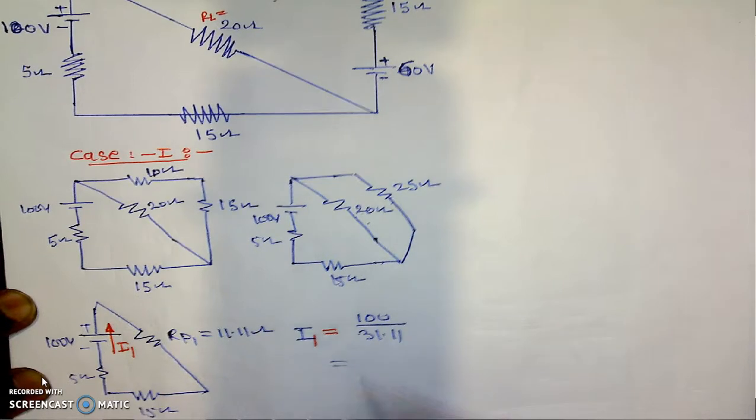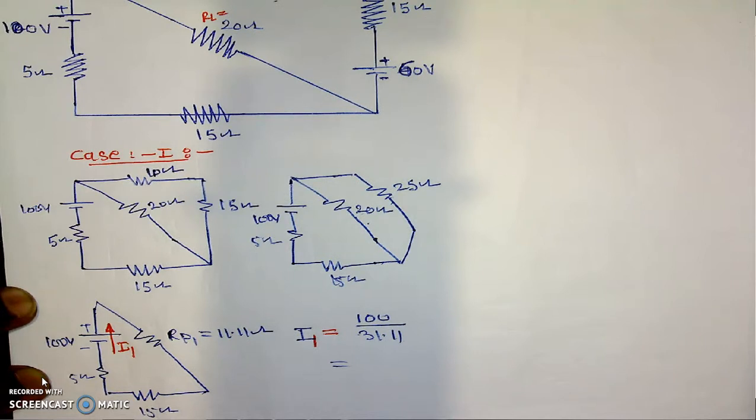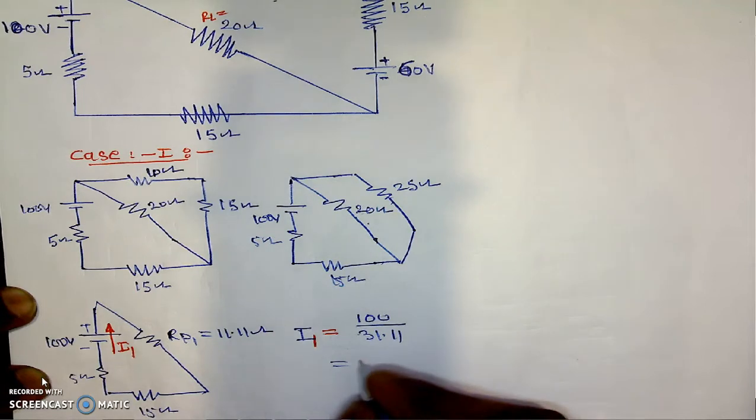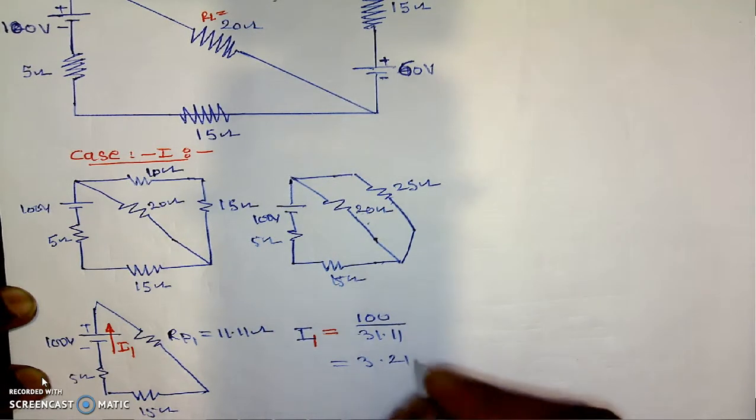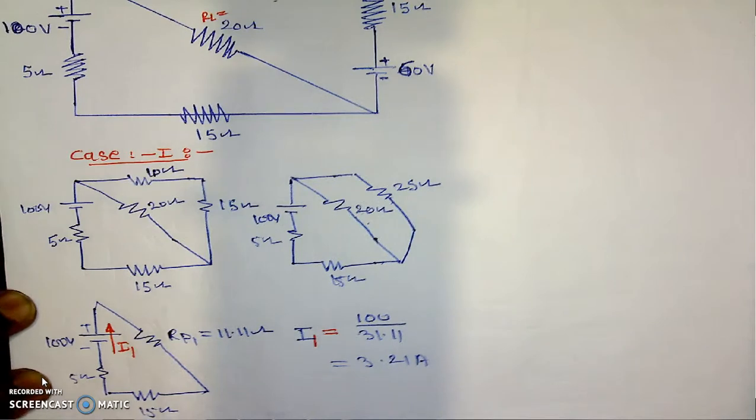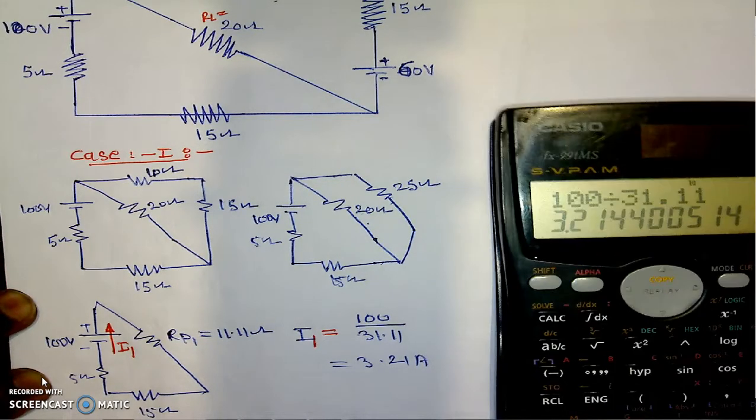If I find its value, that is 100 divided by 31.11, which is equal to, in this case, 3.21 amperes is the value of the current.